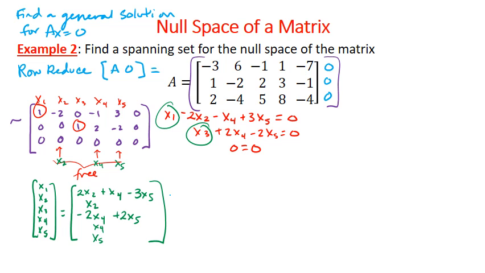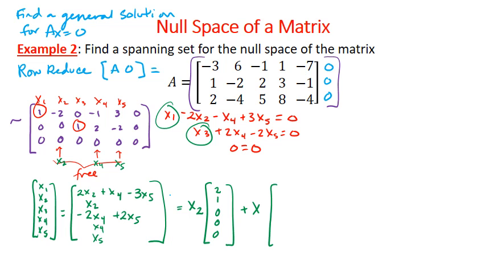Okay, so now from here, what we will do is pull out our weights, like the GCF essentially. So x2, and then all the coefficients of x2 are 2, 1, 0, 0, 0.